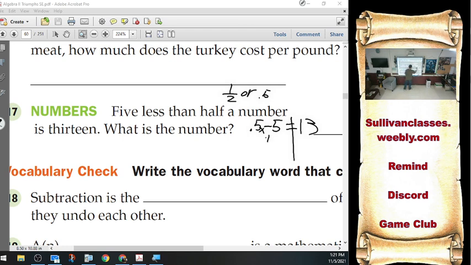Then I'm gonna add 5 to each side because this is a negative 5, so I'm adding 5 to cancel it out. Then I have 0.5x is going to be equal to 18, and then that divided x is going to be equal to 36. How'd you get that? How do you just poof into 36? I don't see any work.